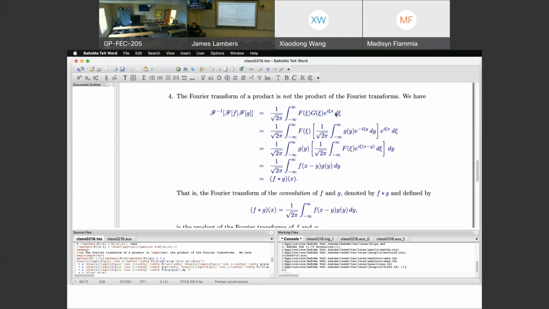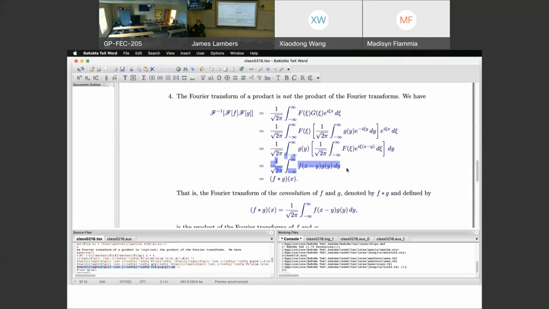Well, here, in place of x, we have the quantity x minus y. So we are taking the inverse transform of capital F, but the result is not going to be little f of x. It's going to be little f of what we have here, x minus y. And that's what lines up here. And then the g of y was already sitting here. So this is what we get.